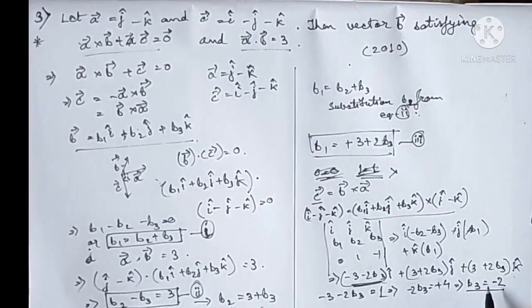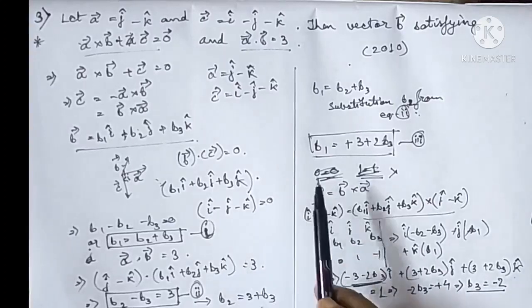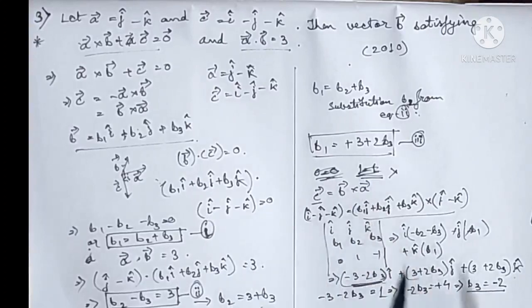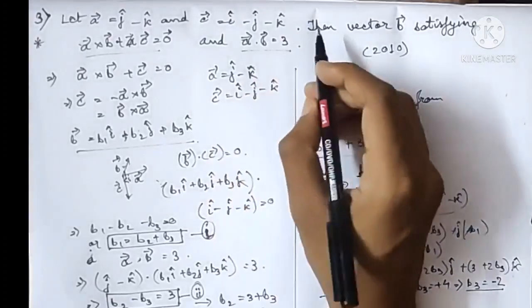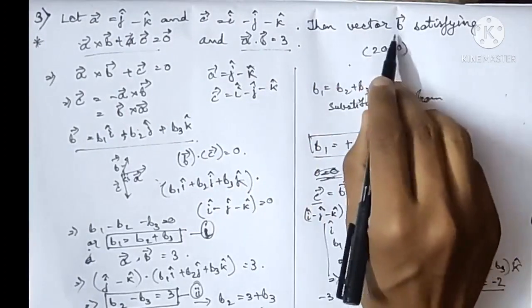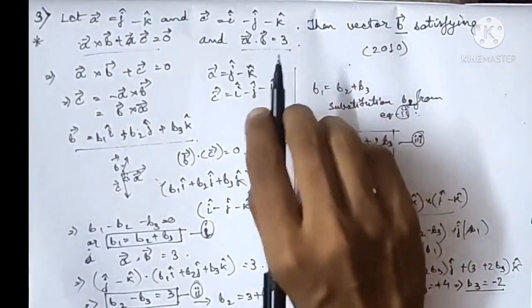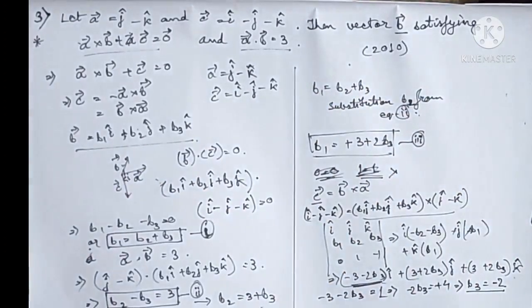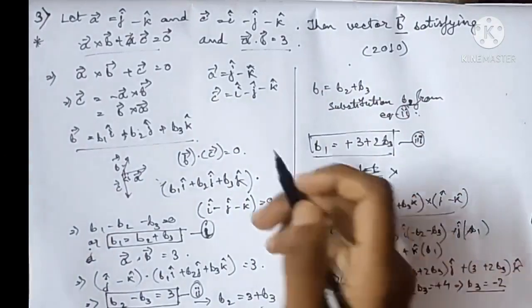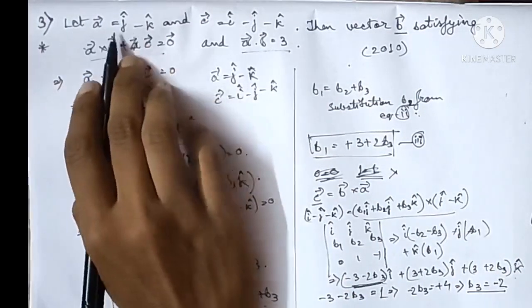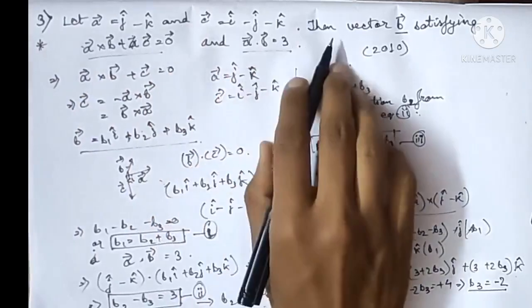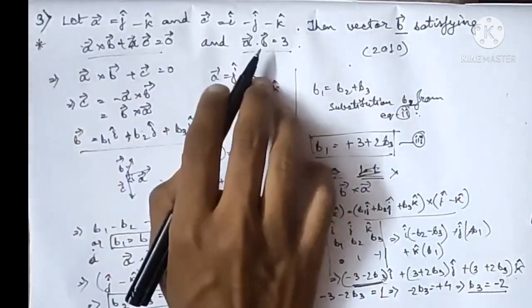Okay, now we can just find out any value of b1 or b2 or b3. So b1 and b2 we can find out, and like that we can just find out this b vector, right? So our question was, let a is equal to this and c is equal to this, then the vector b satisfying these two.